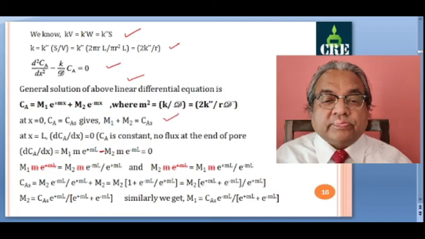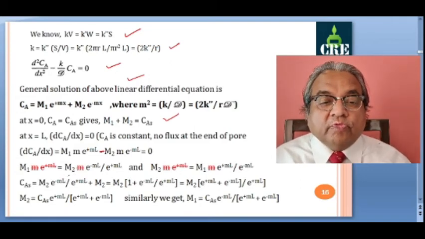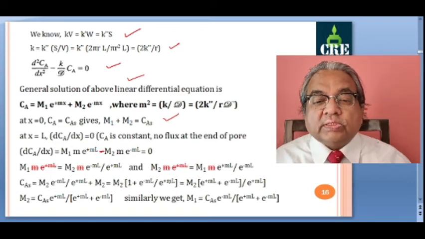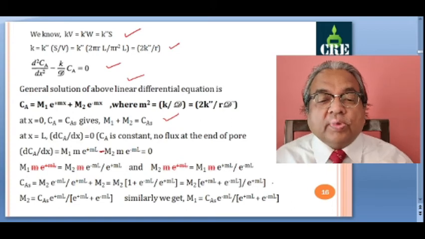So I can write CAS is equal to m1 plus m2. So CAS is equal to m1 plus m2. So m1 is m2 into e raised to minus ml by e raised to plus ml, plus m2. So CAS is equal to m2, we can take out common, 1 plus e raised to minus ml by e raised to plus ml. Okay, this I can write as, if I multiply by this, so taking this term in the denominator, e raised to plus ml plus e raised to minus ml divided by e raised to plus ml.